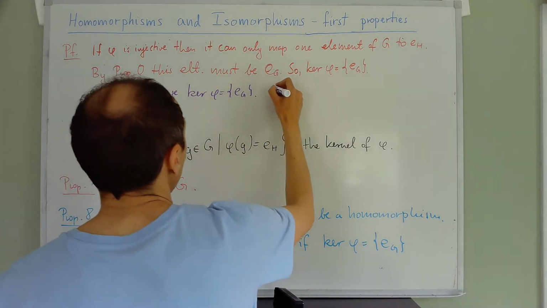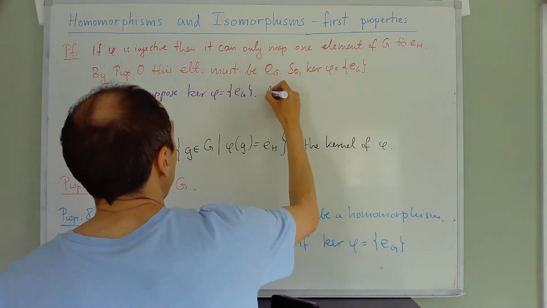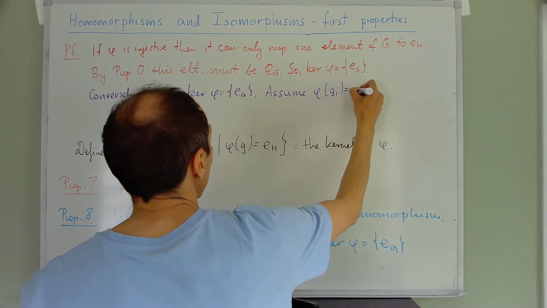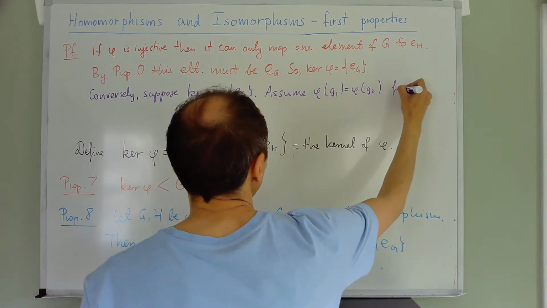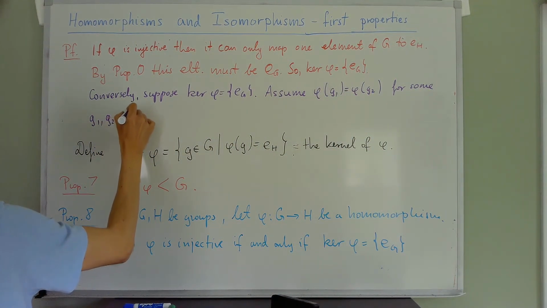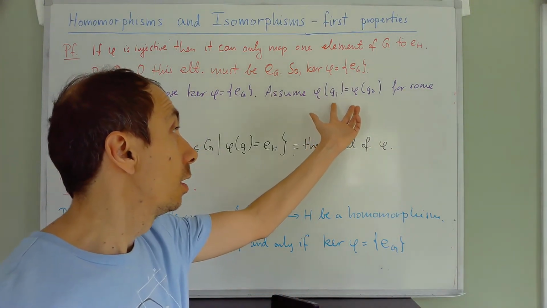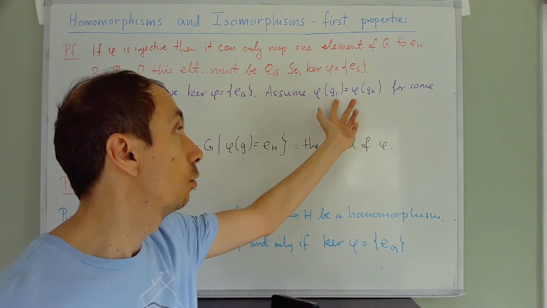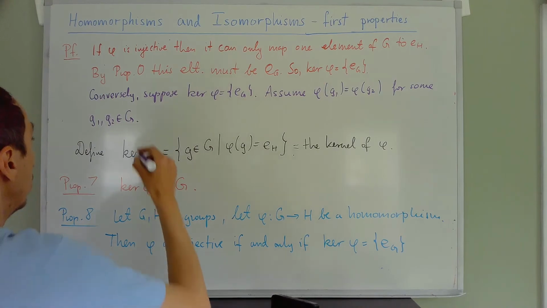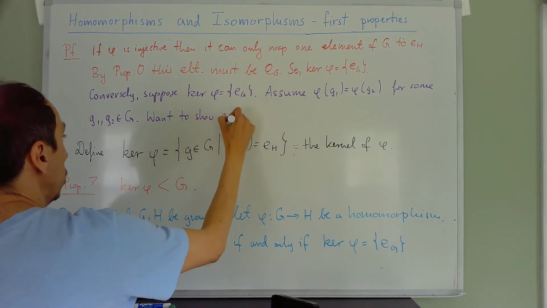So assume phi of G1 is equal to phi of G2 for some G1, G2 in G. Okay? You're trying to prove injectivity, so if you assume that G1 and G2 go to the same element, then you have to prove that G1 is equal to G2. So we want to show G1 is equal to G2.